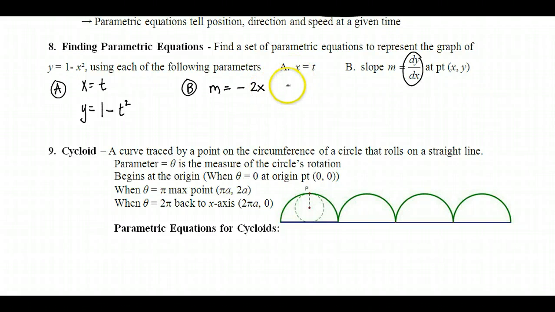Well, for a parametric equation, I have to say what is x equal to and what is y equal to. Well, now I can say, all right, if m equals negative 2x, x then has to equal m, representing our slope, divided by negative 2. Well, as soon as I have what x is equal to, now I can say, well, y is equal to, again, this goes back to our equation, y is equal to 1 minus my x value.